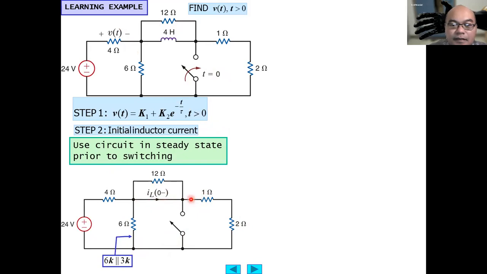If we see here, this 1 ohm is connected like this, this is 3 ohm, and this is basically the same node, since this is short circuited. Then the resistor here becomes 6 kilo ohm in parallel with 3 kilo ohm.